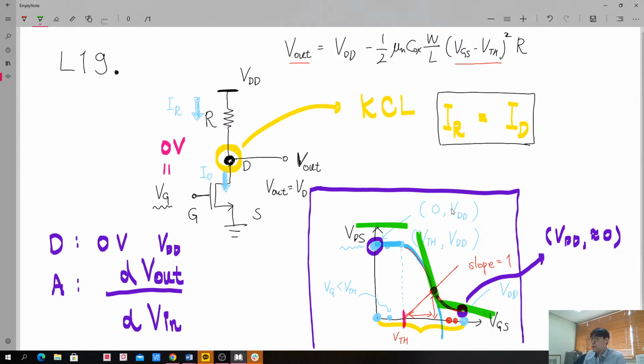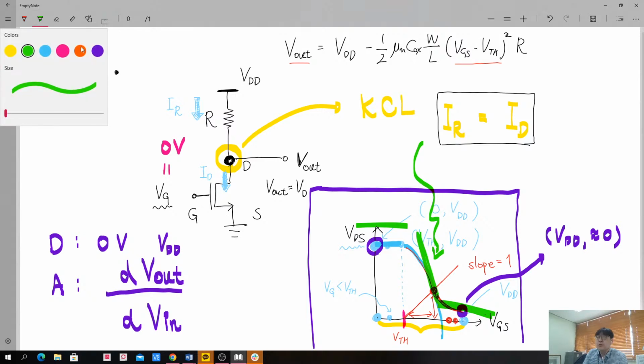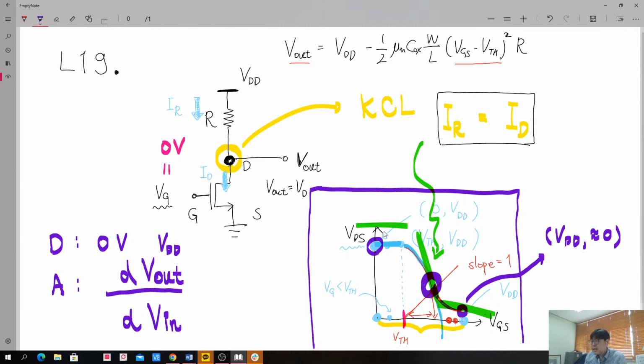Obviously, you know that this part corresponds to the steepest slope available for your input-output characteristics. So when you use your system in an analog application, your operation point should be around here, not here and not here. So are you with me?